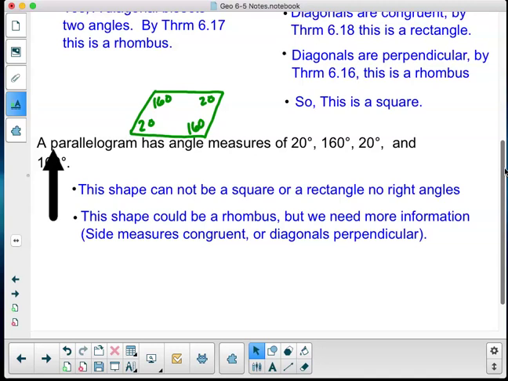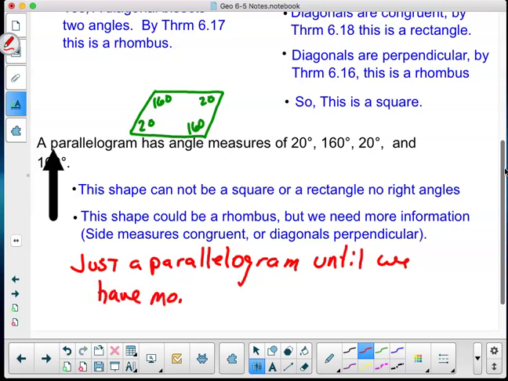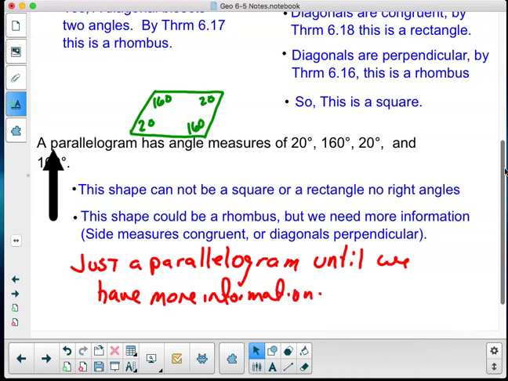I cannot come to any conclusions at this time. It's just a parallelogram until we have more information, okay? And we'll find out what that would be at some future time.